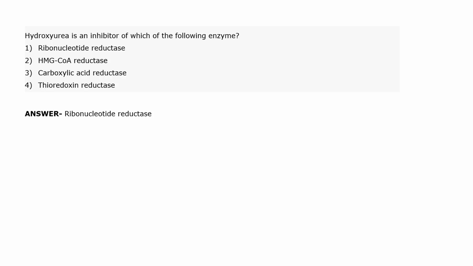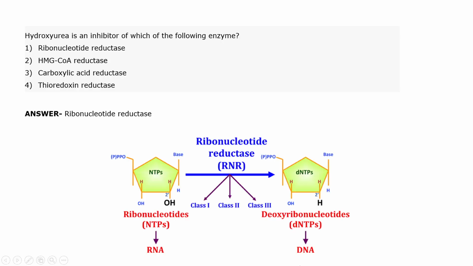Basically, hydroxyurea has a tendency to bind to ribonucleotide reductase. The functionality of ribonucleotide reductase is that it helps in the conversion of ribonucleotides to deoxyribonucleotides, or dNTPs. Ribonucleotides are essential for the formation of RNA, while dNTPs are essential for the formation of DNA.